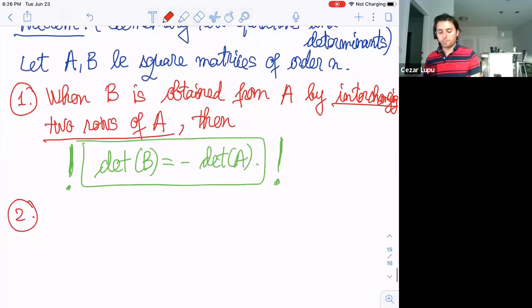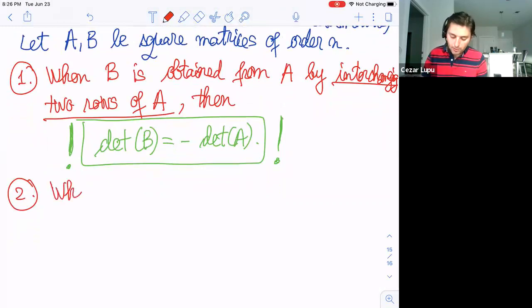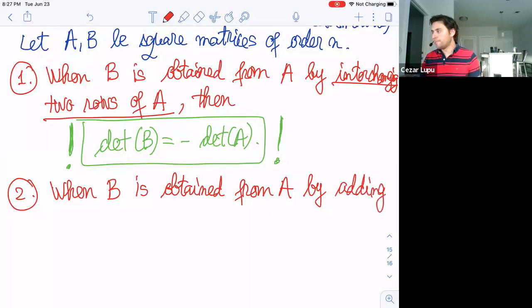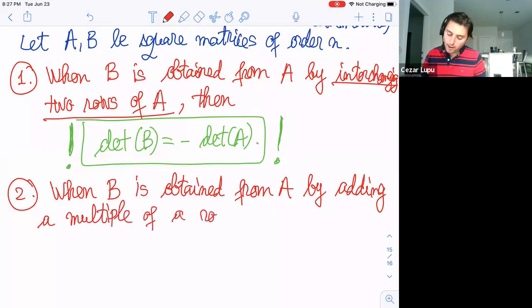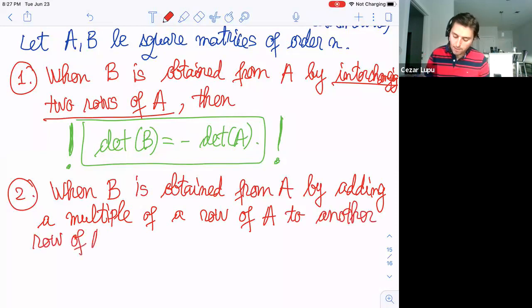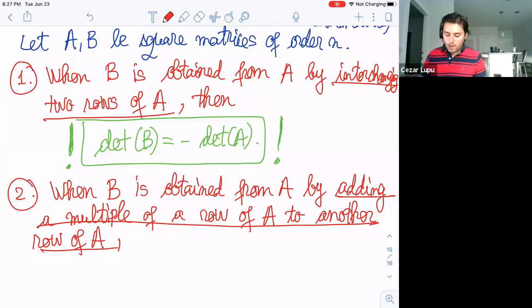The second one: when the matrix B is obtained from A by adding a multiple of a row of A to another row of A, then guess what?